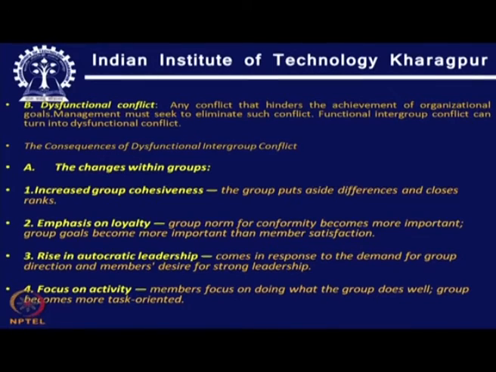So, when there is a strong intergroup dysfunctional conflict, the first change within the group is of course increased group cohesiveness.